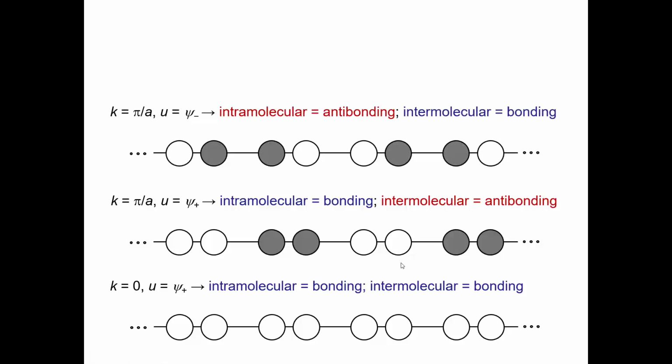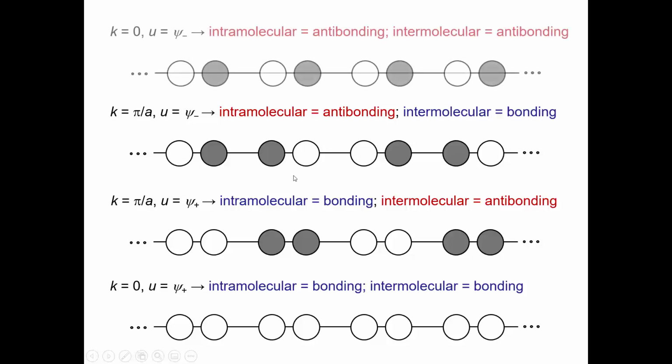Now, the antibonding band at k equals pi over a is kind of the opposite. Antibonding within the molecule, but bonding between molecules. Now, if we were trying to assess which of these 2 crystal orbitals would be at the higher energy, you should be able to see that this one is at the higher energy because the hydrogen-hydrogen distance within the molecule is shorter than the hydrogen-hydrogen distance between molecules.